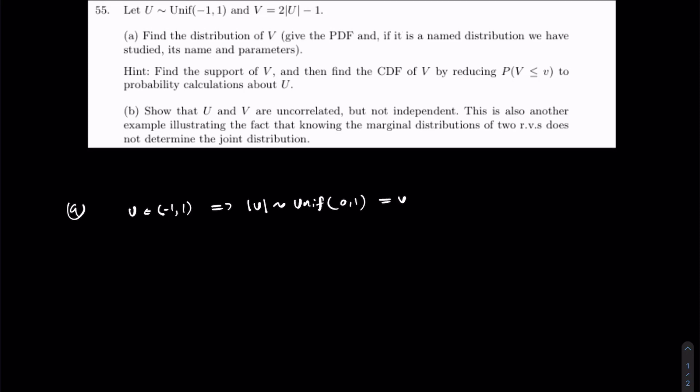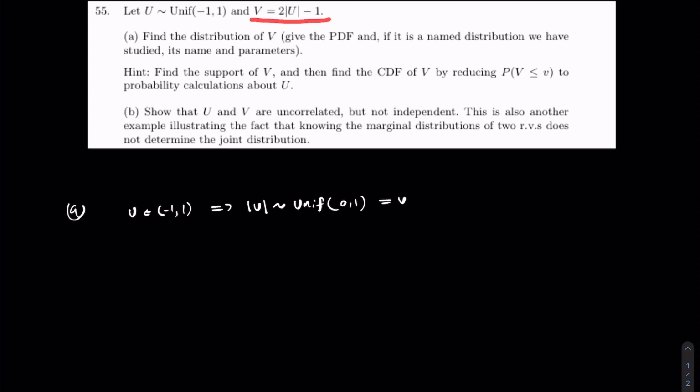V, on the other hand, is defined by this function here, so let's think about what values v takes. We don't know the distribution of it yet, that's what we're going to calculate. But when u is 0, what's v then?